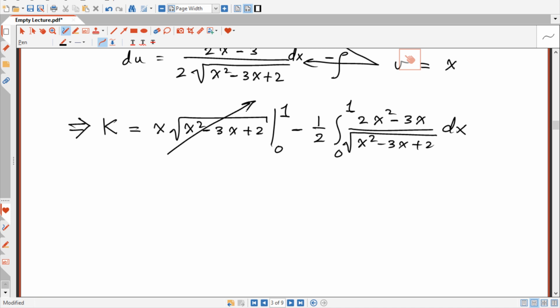So this cancels out, and we are left with minus half the integral from 0 to 1.